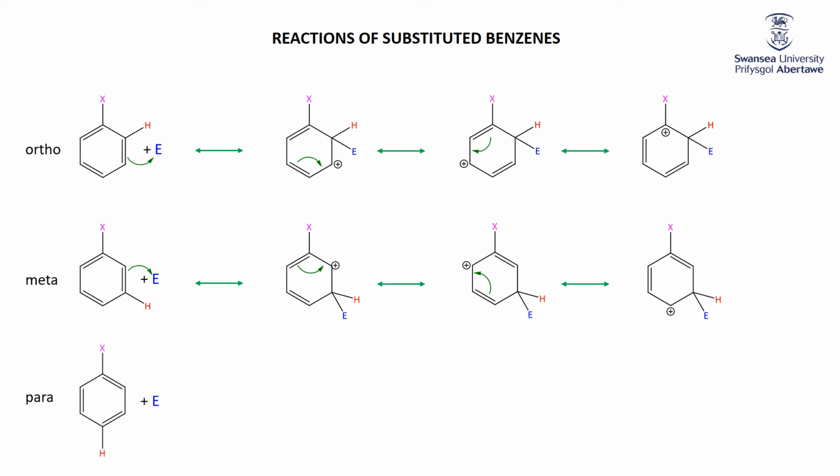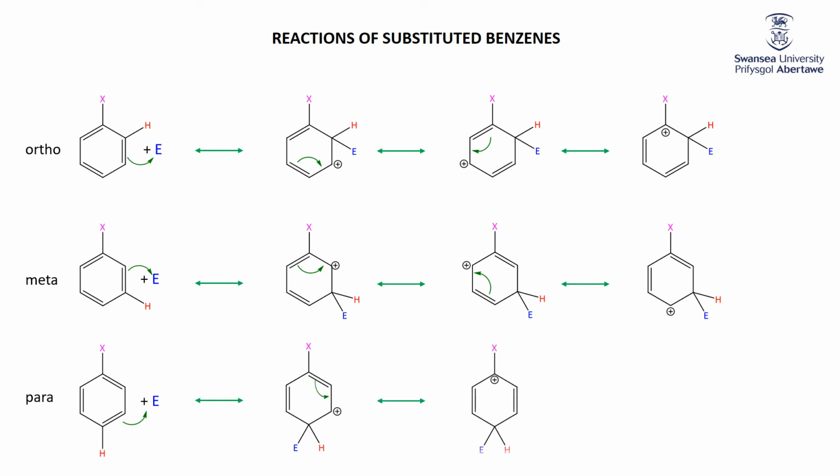Finally, para. Yes, para. There's the electrophile coming in. A couple of electrons move over, leaving us with the electrophile attached to the para position, carbon 4. And we've got positive charge here on carbon 3, which of course I can move by moving the electrons in this double bond over.